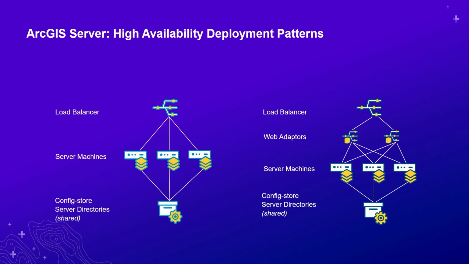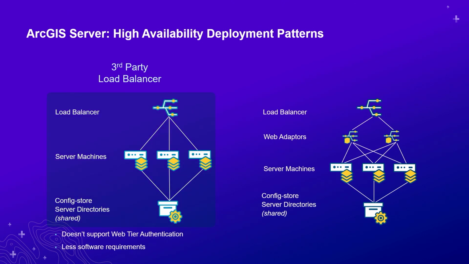Similar to Portal, there are a couple different architectures that you could look into. The first is using simply a third-party load balancer, sending traffic to all the server machines within the site. This, like Portal, doesn't support WebGIS authentication. There are fewer software requirements in terms of the web servers required to run the web adapter. But again, it won't support WebGIS authentication.